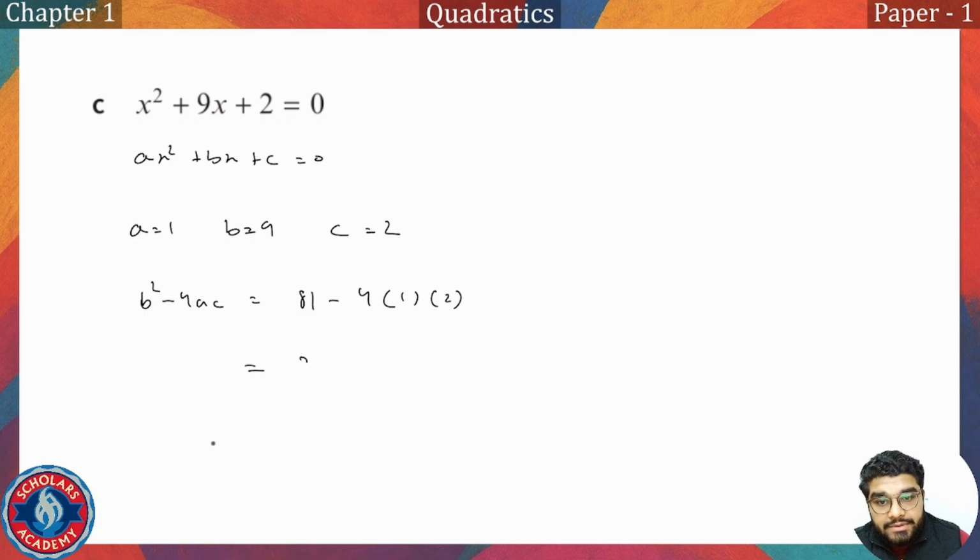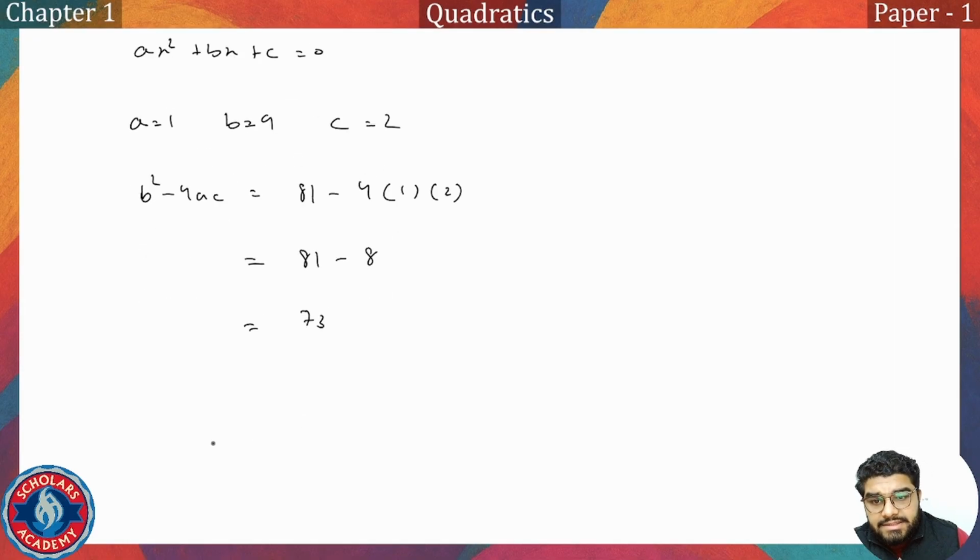That is equal to 81 minus 8. That is 73. And this gives us the discriminant is actually greater than 0 and it's equal to 73. Therefore we have two real roots, right? Let's move forward.